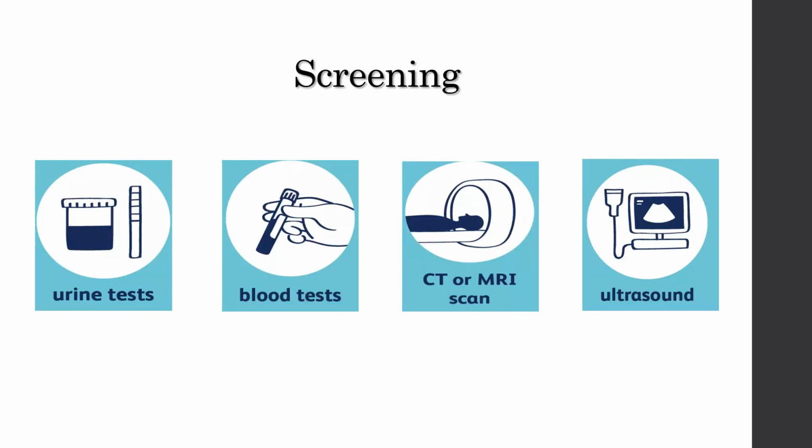Okay, now let's talk about how chronic kidney disease is detected. Because early CKD is often asymptomatic, screening is critical, especially for high-risk populations. Urine tests: urinalysis can detect protein, blood, glucose, and cellular sediment. Protein in the urine is often the earliest sign of kidney damage, long before creatinine rises.